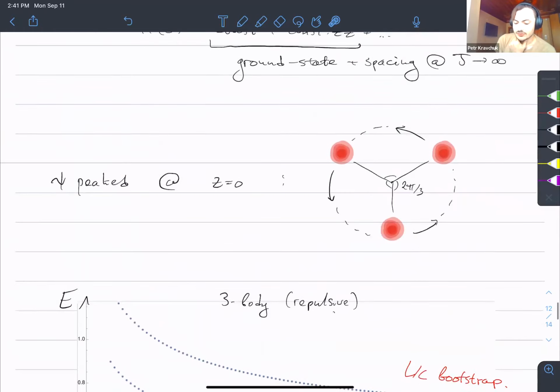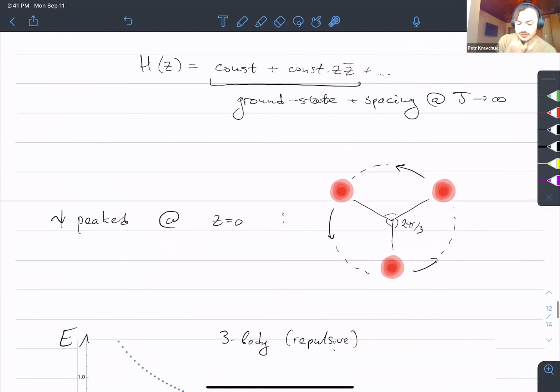And kind of conveniently, through this procedure, you find that these lowest energy states are, as you would expect, just evenly spaced particles at 2π/3 angle away from each other, just spinning around. And then when you compute excited states, they're going to do some sort of oscillations on top of that.